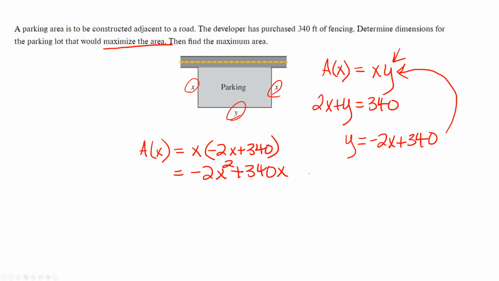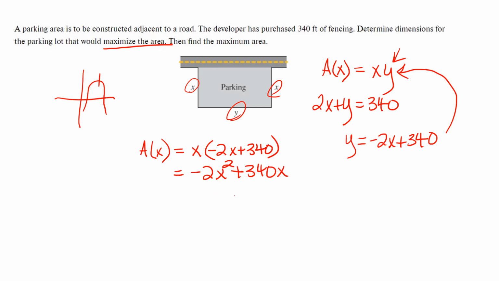All right, so to figure out where the maximum happens on this function, I will find the vertex of the parabola. Now, remember, it's a parabola that opens down, so it's looking like this, and that means the maximum is at the vertex. And so we're using this idea of a parabola to solve this problem and figure out what value of x is going to give me the biggest area in this parking lot.